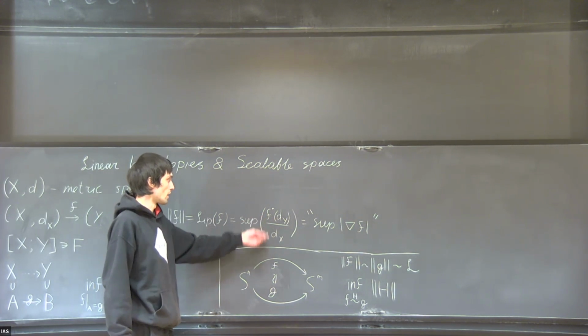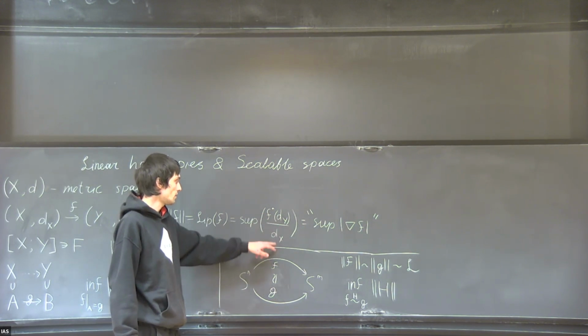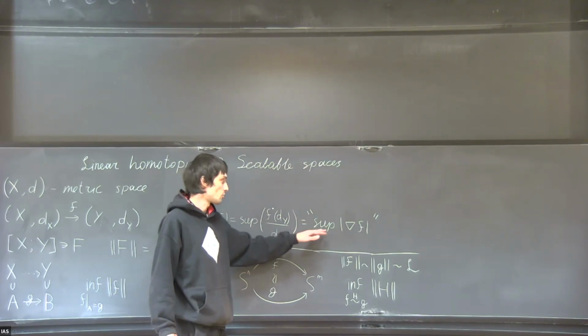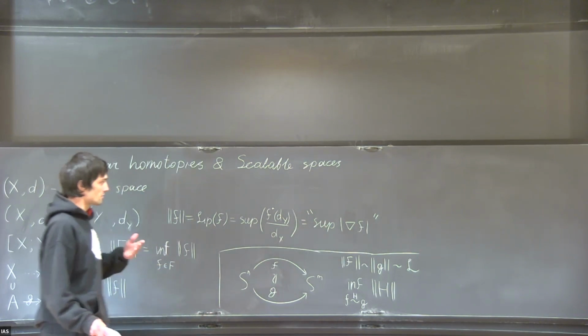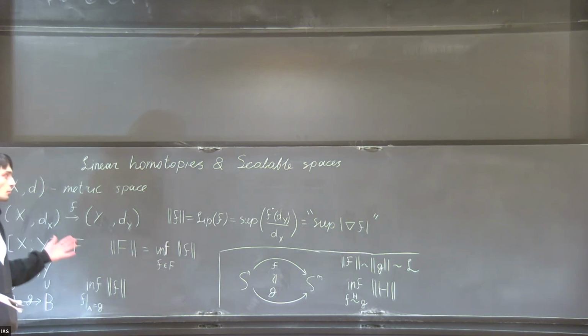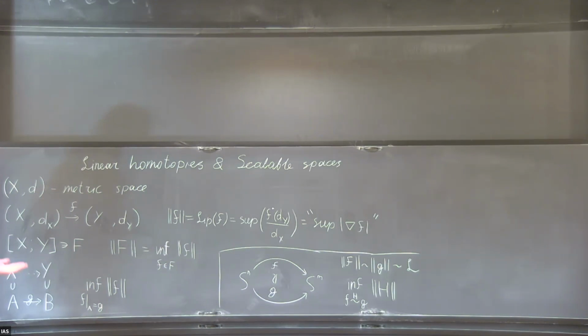So the pullback of a metric on Y over the metric on X, or you can think of it as just the sup norm of the derivative of the map. Basically everything you can think of as piecewise linear or even smooth, so it's not much of a stretch, in quotation marks, to think of it that way.